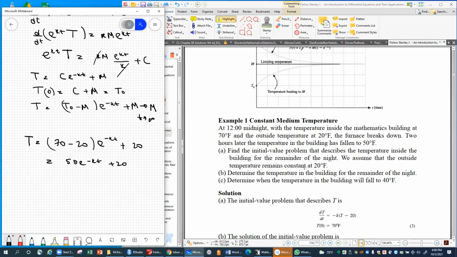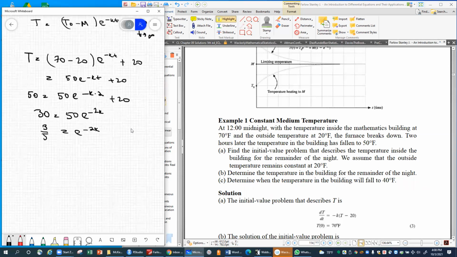Now what's k? We don't know, but we know that two hours later it's 50. So 50 equals 50 e^(-k times 2) plus 20. So you have 30 equals 50 e^(-2k). Divide by 50, you get 3/5 equal to e^(-2k). Apply logs, all right?